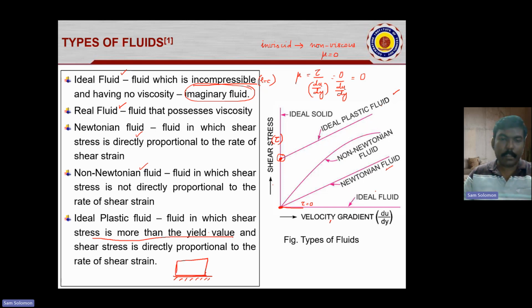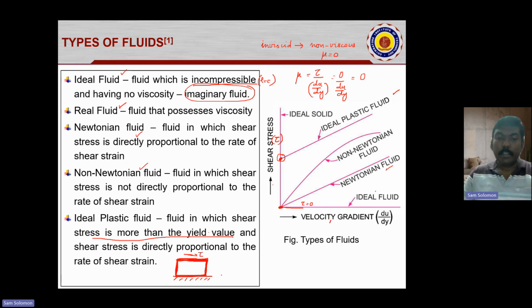Assume that this is a rectangular element, although it's not perfectly rectangular because I'm not able to draw it as a rectangle. Now it looks like a rectangle. Okay. So this is a rectangle, which is stationary and kept on a fixed stationary plate. If I apply a shear stress over this, say I'm going to apply a shear stress value of tau.